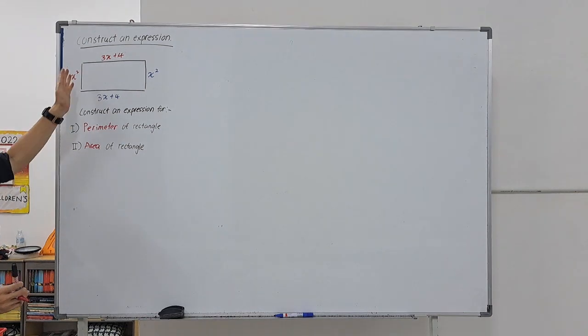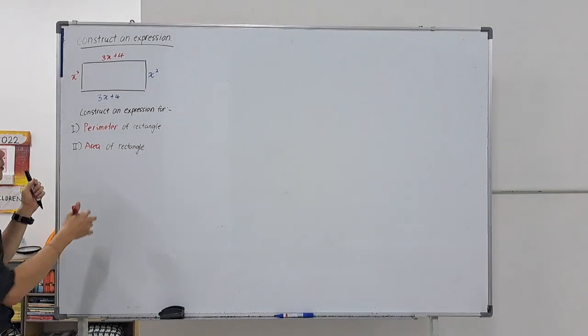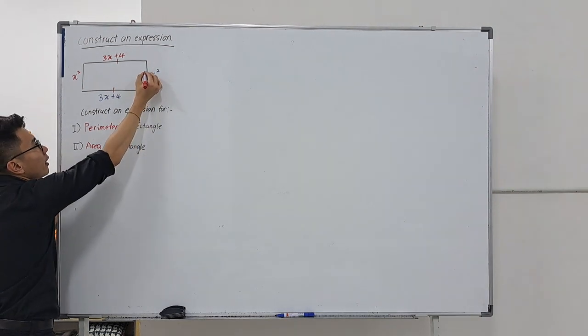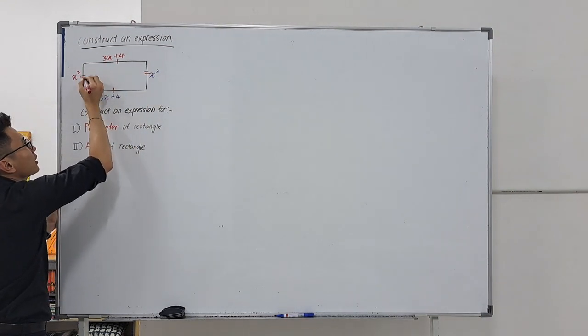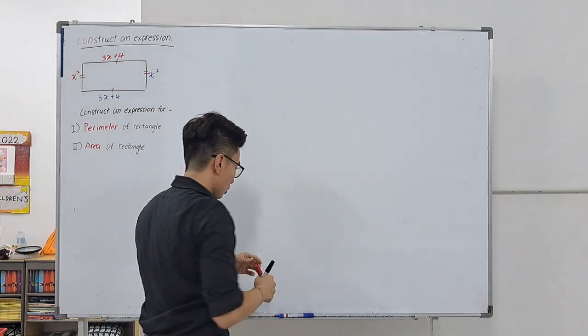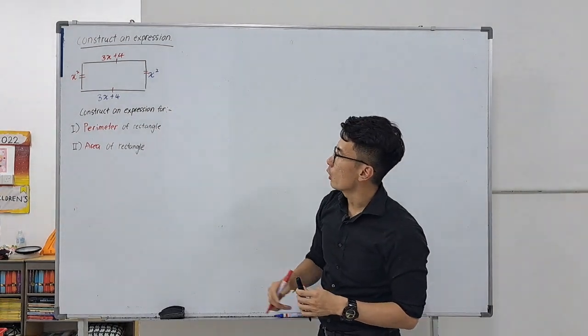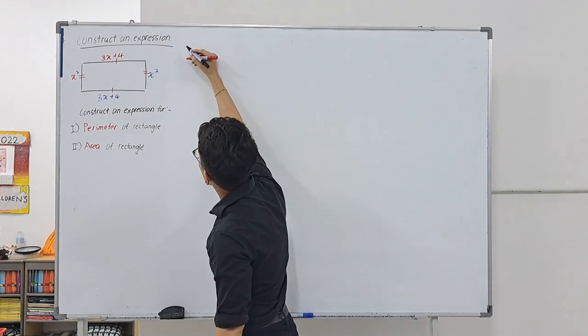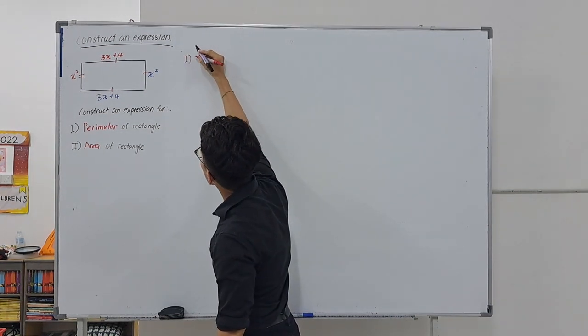It's going to be the same, because of the property of a rectangle: this length is equivalent to this length, and this length is equivalent to this length. Based on this knowledge, now we can solve for the perimeter.